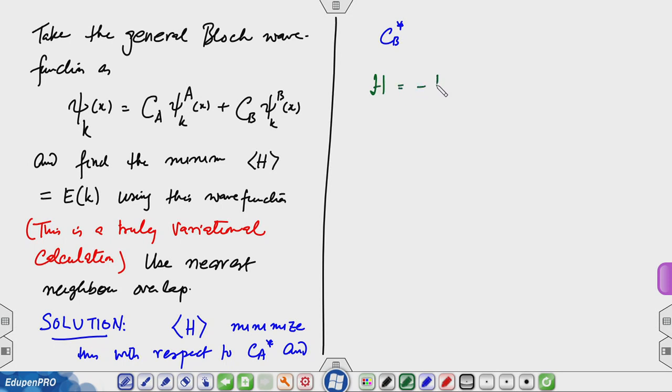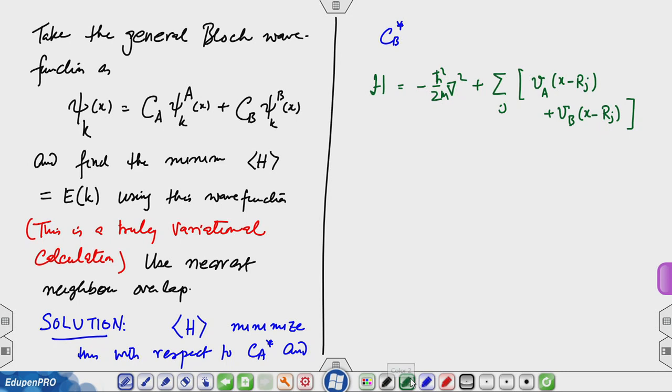The Hamiltonian for an electron is minus h cross square over 2m del square plus the sum over all the sites of V_A(x minus r_j) plus V_B(x minus r_j), because now at each site there are two potentials, arising from the two atoms. And what we want to calculate is the expectation value of this H with respect to the wave function.